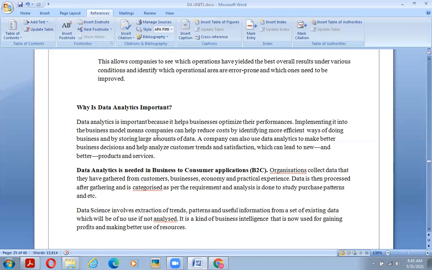Data analytics is needed in business to consumer applications. Organizations collect data that they have gathered from customers, businesses, economy, and practical experience. Data is then processed after gathering and categorized as per the requirement, and systems are used to study purchase patterns.